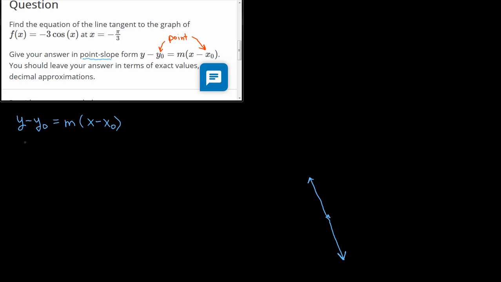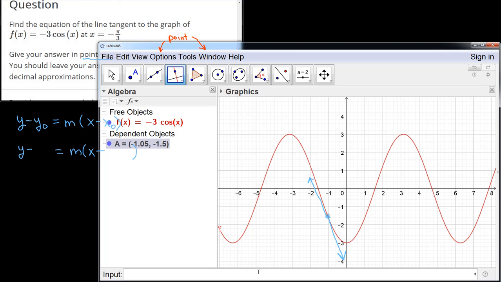So in our case, we've got y minus, I'll leave a blank, and then I have m times x minus, and then I'll leave a blank. And so what was the point that we knew? I can bring GeoGebra back if we want.